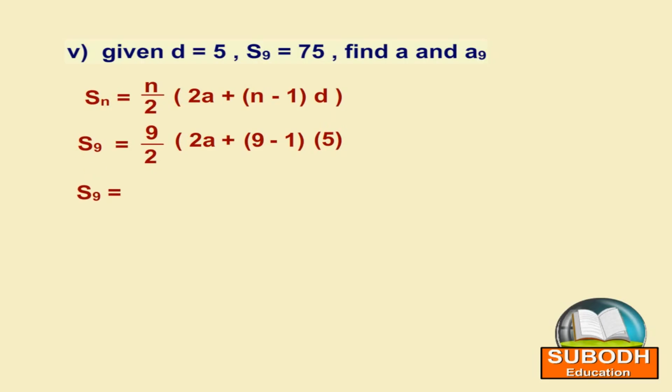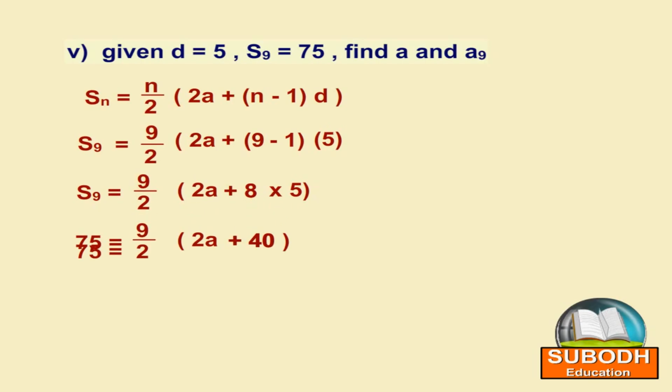S9 is equal to 9 by 2 into bracket 2a plus (9 - 1), 8, into 5. 75 is equal to 9 by 2 into 2a plus 8 into 5 is 40. 75 is equal to 9 by 2. 2 common. 2a divided by 2, a. 40 divided by 2, 20. 2 cut.